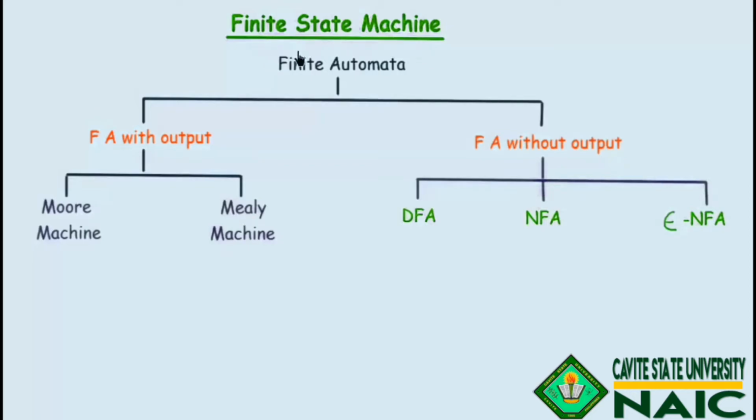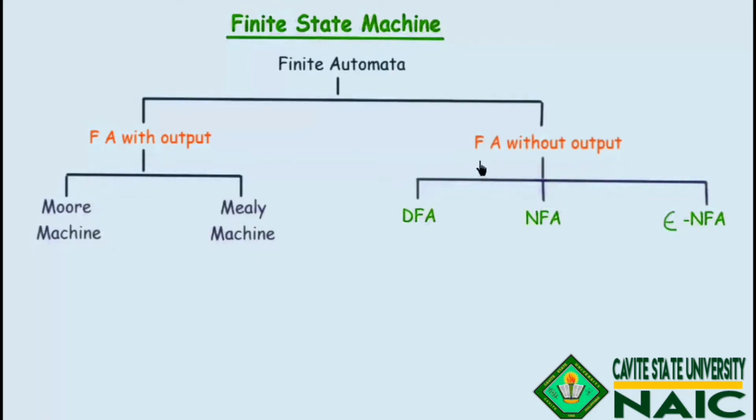So finite state machine is also known as finite automata. And this finite automata is divided into two categories. The first one is the finite automata with output, and the second one is the finite automata without output. Finite automata with output has two categories, namely Moore machine and Mealy machine.